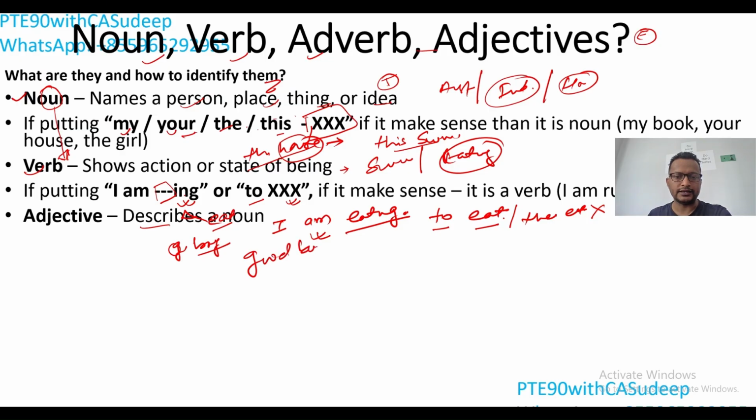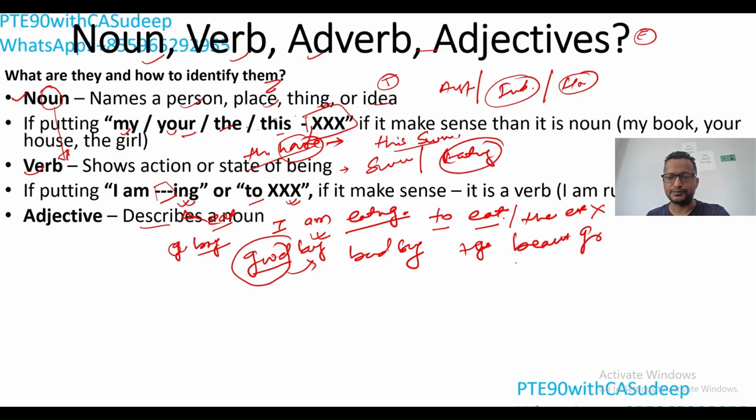If you say good boy, then this good is an adjective, because this good is denoting the quality of the boy. So bad boy. Or the girl is a noun. So let's say beautiful girl. If you say this, beautiful is an adjective. So adjective is nothing but that describes a noun, or that describes the quality of the noun, right?